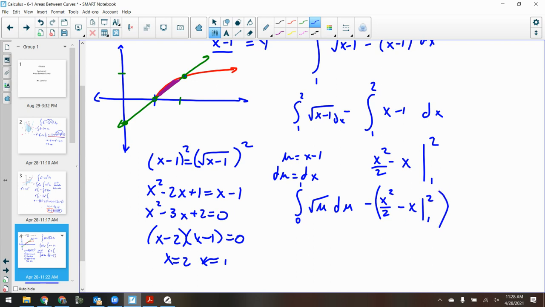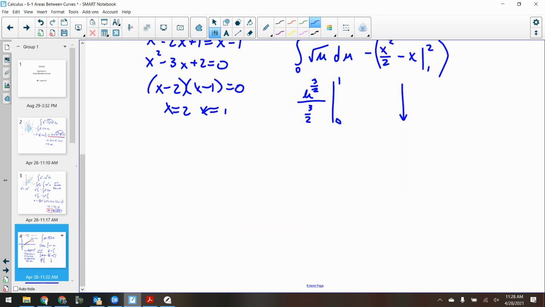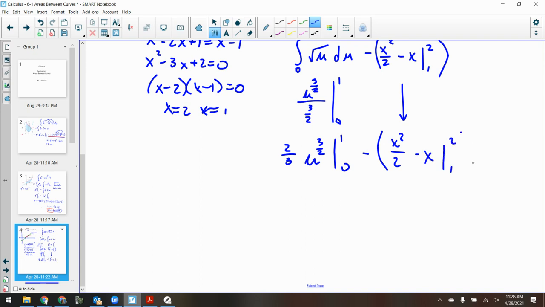And now let's do the integral here. So this is u to the 1/2, right? So u to the 3/2 over 3/2 from 0 to 1. I'm just going to carry this through because now this is going to turn into, I like to write it now, 2/3 u to the 3/2, 1 and 0, minus x squared over 2, minus x from 1 to 2.